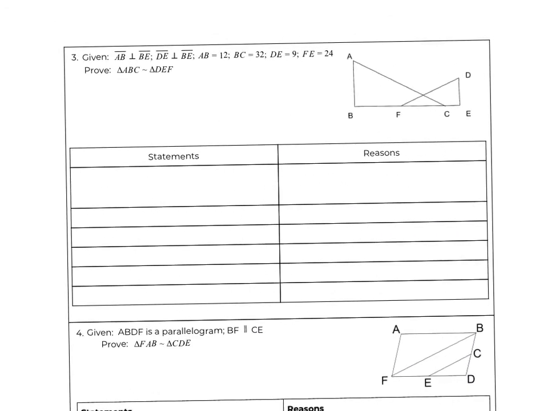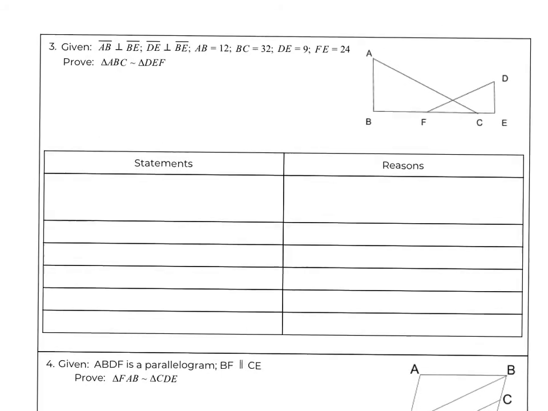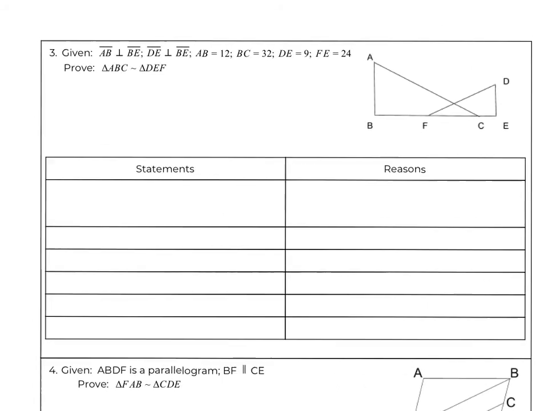All right. Number 3 has a lot of given information. So go ahead, take a minute and just write all that out, label everything, write the given. By label it, I mean mark it on your picture.